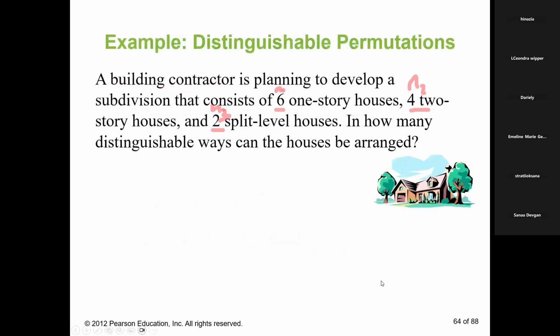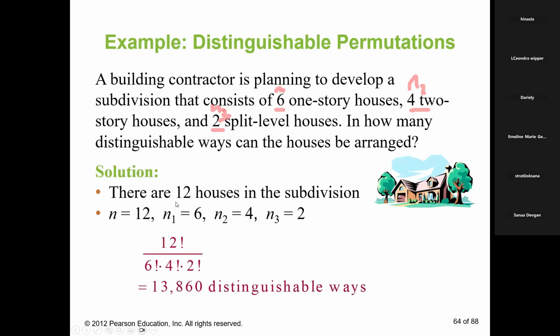So now N1 is 6, N2 is 4, N3 is 2. So N, there are 12 houses in the subdivision. N equals 12, N1 is 6, N2 is 4, 6 plus 4 is 10, 10 plus 2 is 12.